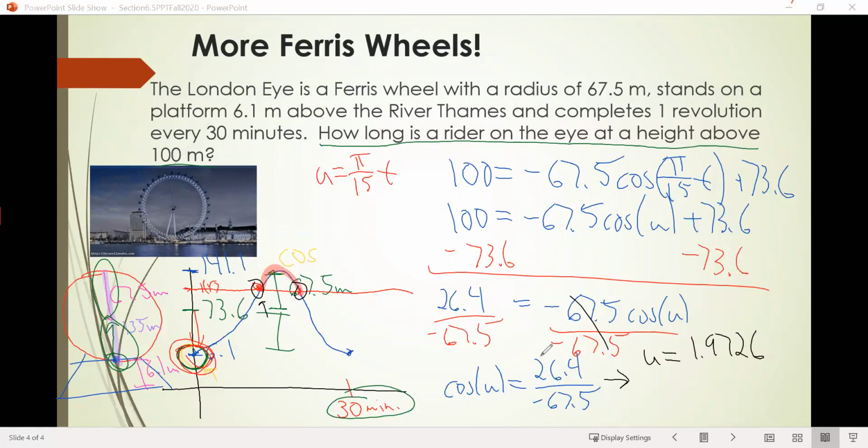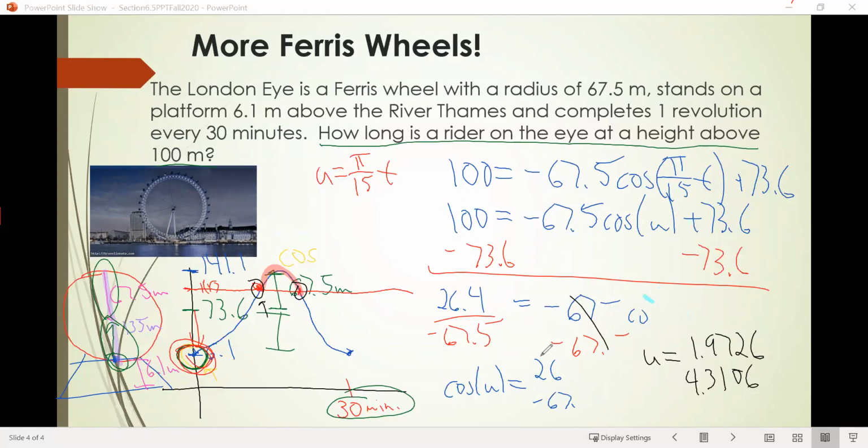Now I'm not going to go over that explicitly. You can look back at section 6.4 to recall how to do that. When we do that in this case, we end up with the other value for u being 4.3106. Recall these are our values for u.